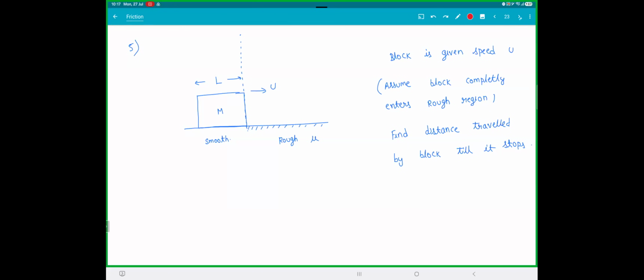Okay, let's see. Step 1, free body diagram. So let's take the scenario where you have gone a little inside. So let's say the block is like this. The idea here is this, everyone. The friction will come only due to this part, which is on the rough surface. Agreed?